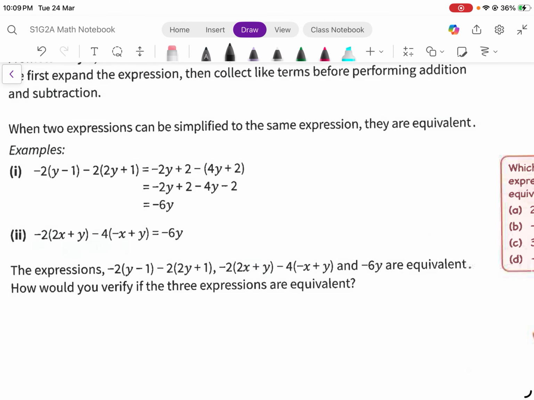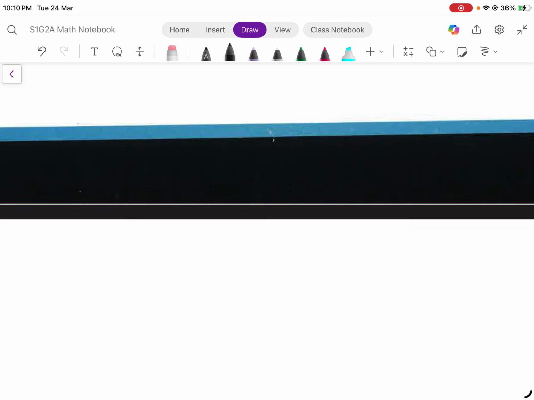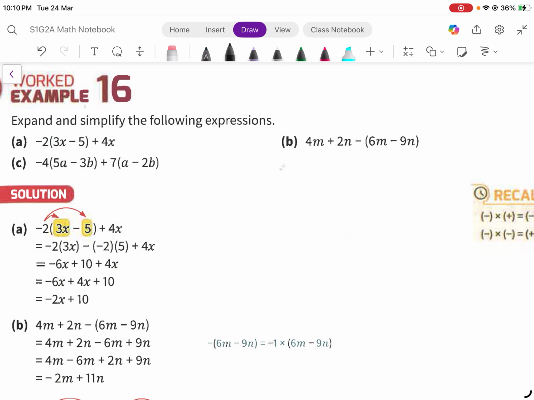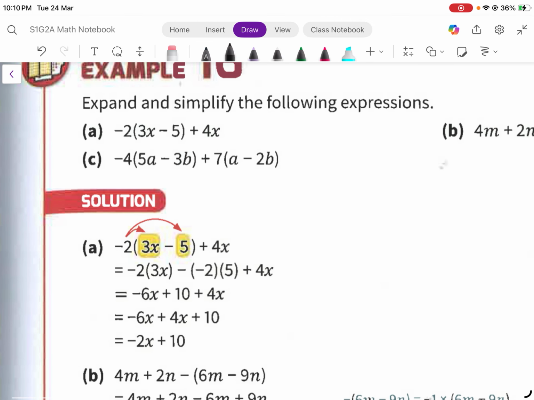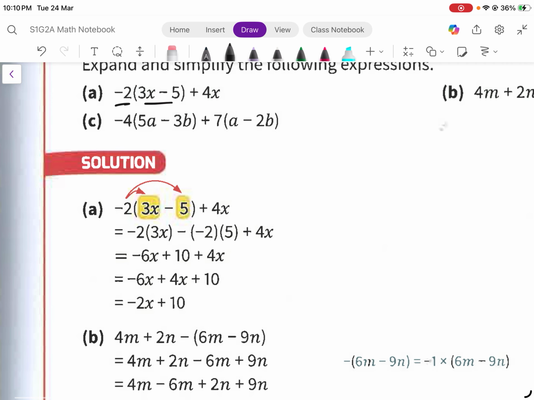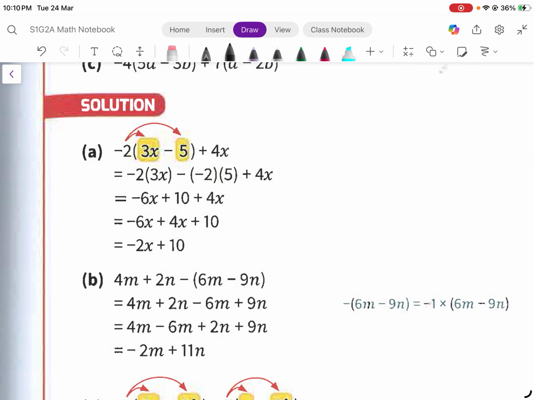Okay, so this is going to be more complicated. I'm not going to go through this. We will go through the examples, which will be easier to understand. Okay, so the first one, we have minus 2 bracket 3x minus 5 plus 4x. Okay, expand first. So we get minus 2, 3x. Then we get minus 5, then minus 2. Okay, so I can rewrite it as 3x.